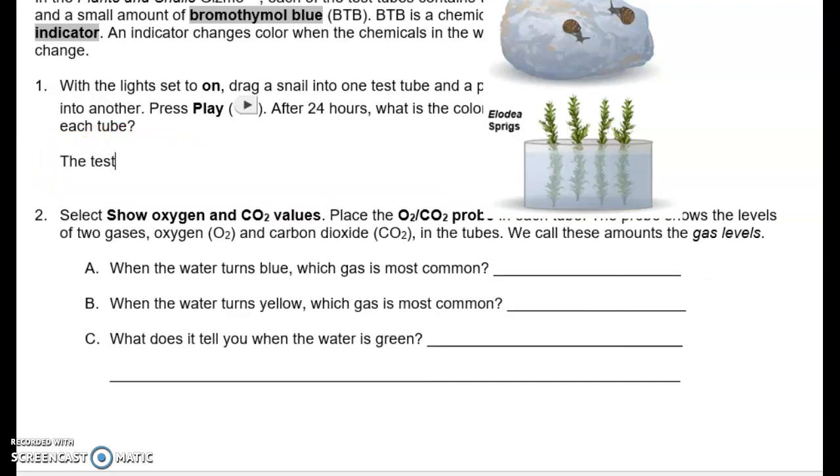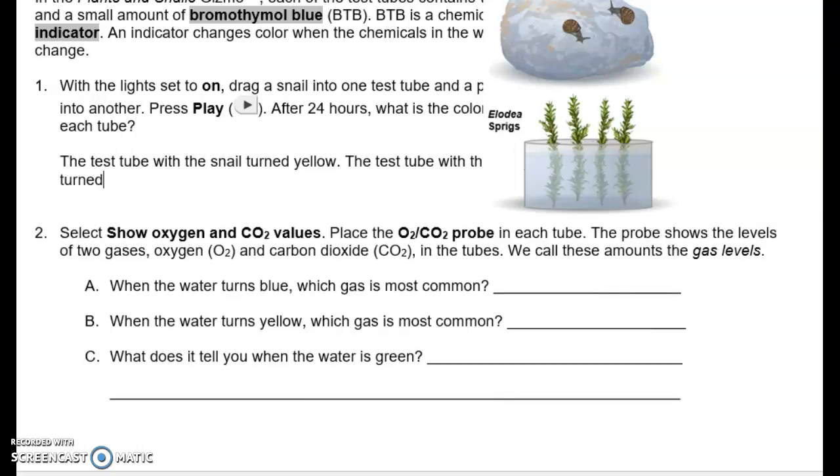The test tube with the snail turned yellow. The test tube with the plant turned blue.